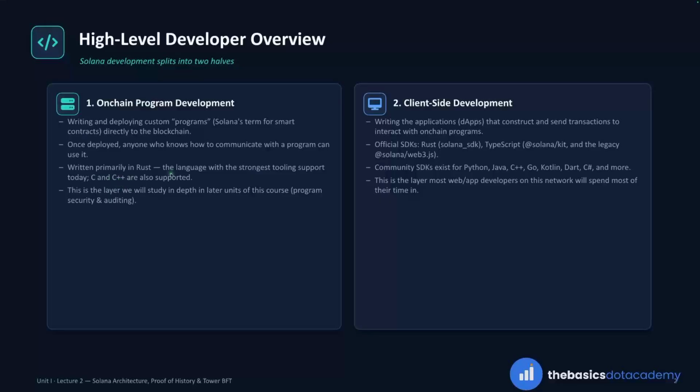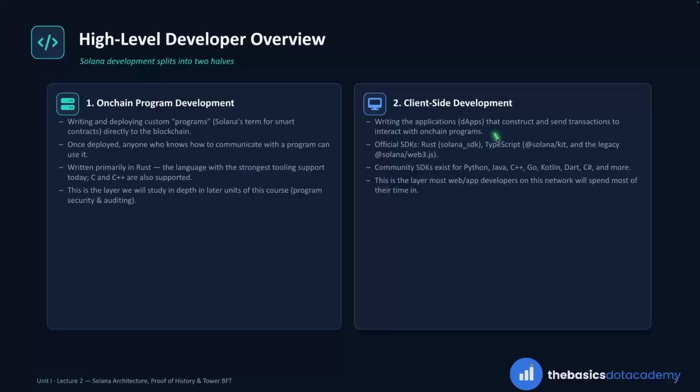Looking at the second half, that involves client-side development, which is developing applications or dApps, decentralized applications, that construct and send transactions which in turn interact with the on-chain programs or on-chain smart contracts. When we look into client-side development, there are some official SDKs provided by the Solana developer ecosystem. If you are using Rust, go with the solana_sdk.